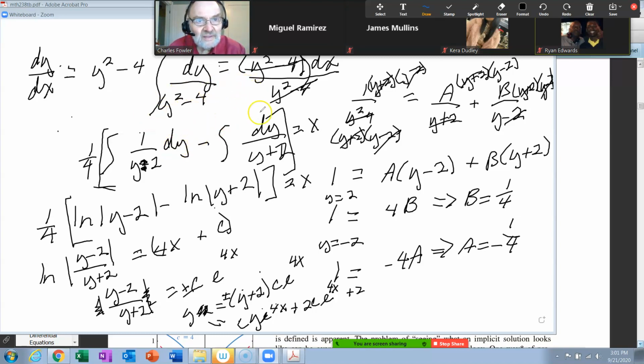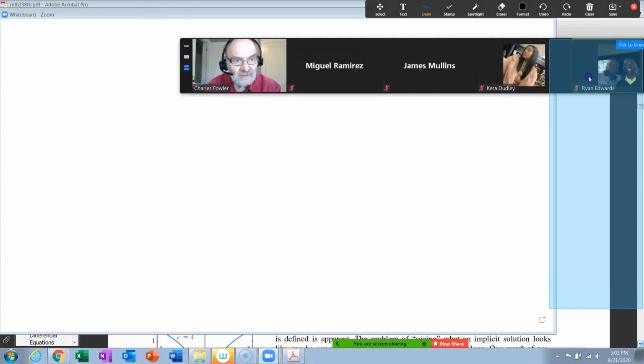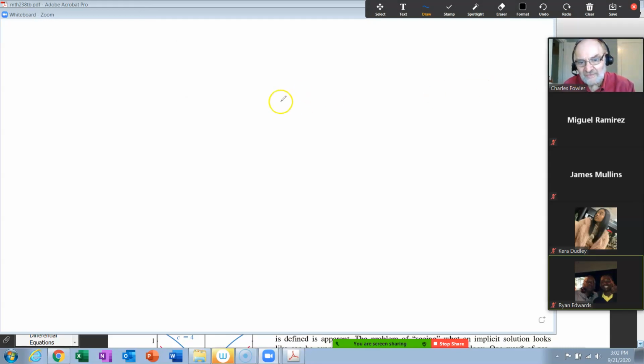First thing I'll clear the scratch off the board, and then I think I'll move Ryan down here this way. Okay, you can't see that, but now let me get my Wacom pad and my stylus, and we're doing example 4, an initial value problem. Here is the differential equation.